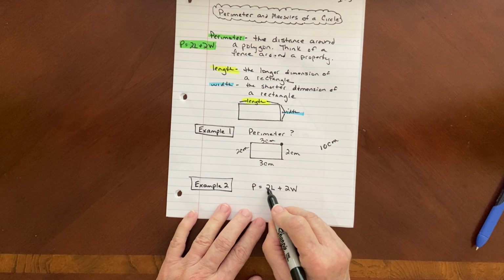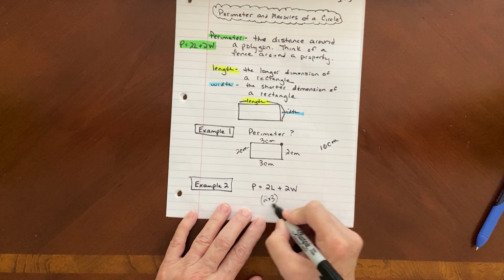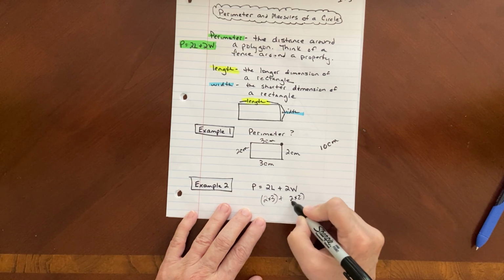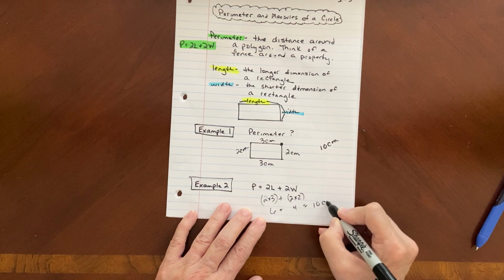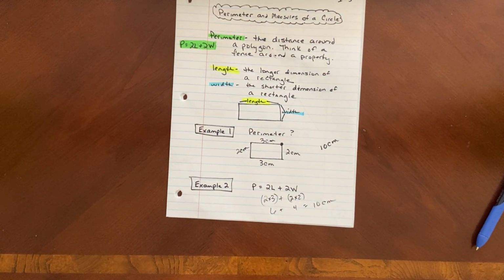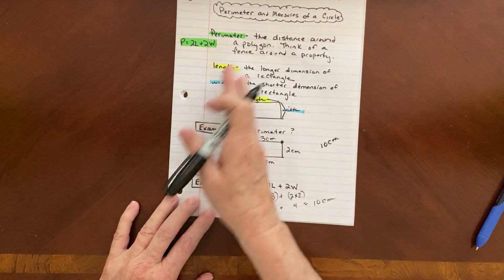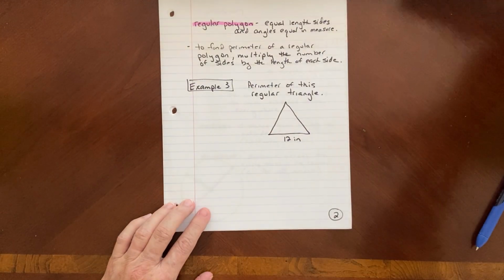So let's see. 2 lengths, 2 times 3, plus, and then my width is 2 times 2, 6 plus 4 equals 10 centimeters. So I get the same thing. So I'm not doing area, I'm doing perimeter. I have to add them up as I go around. So that's what's sometimes confusing to people.